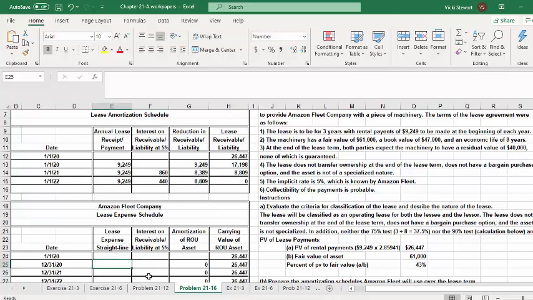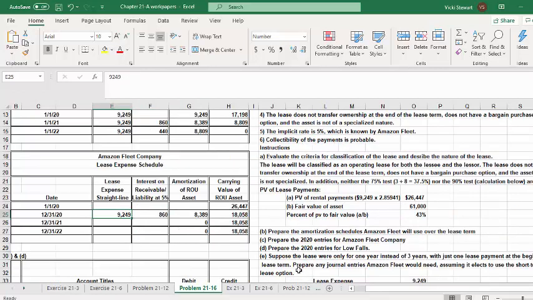At the end of 2020, we will record our first lease expense of $9,249. $860 of that will go to our lease liability, and we will amortize the right of use asset for the difference, $8,389. So that will keep that lease expense amount on a straight line basis.